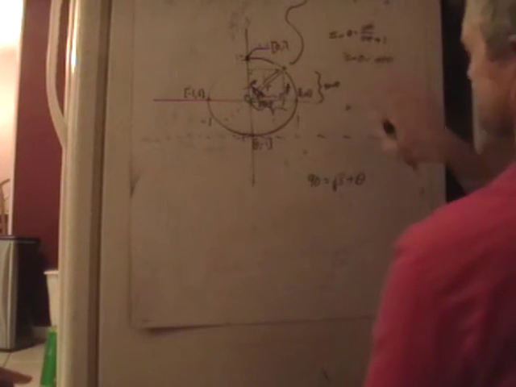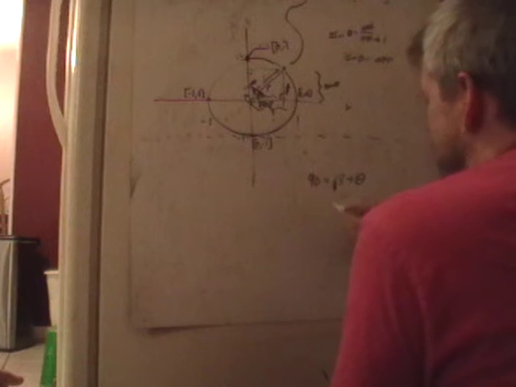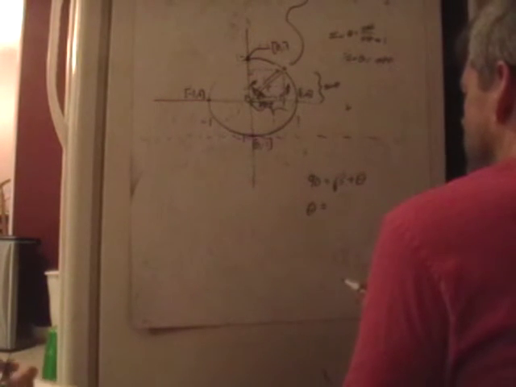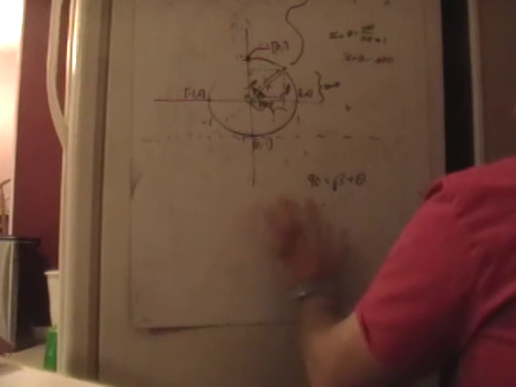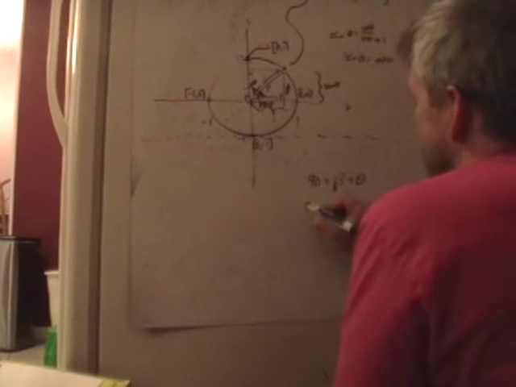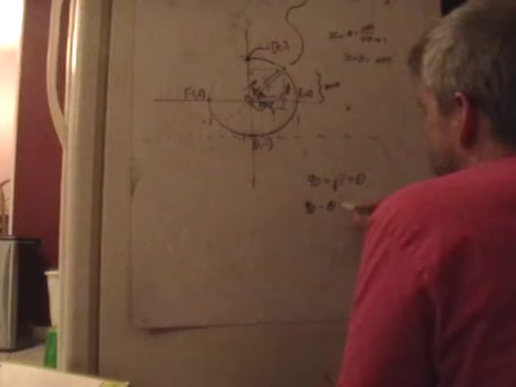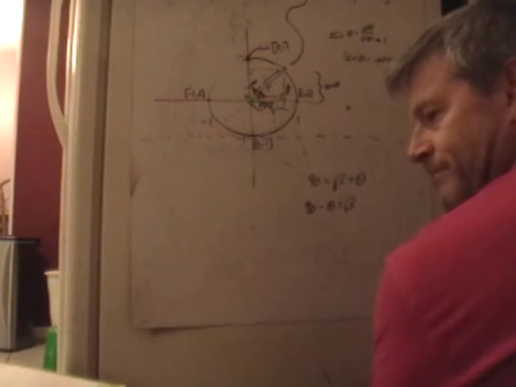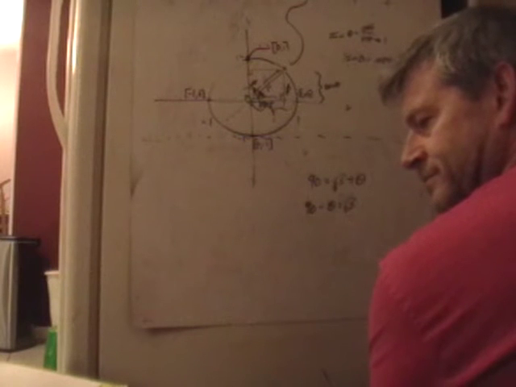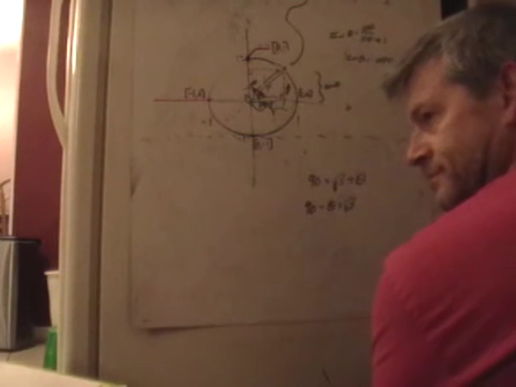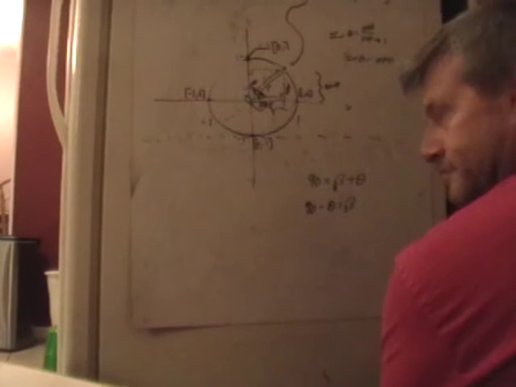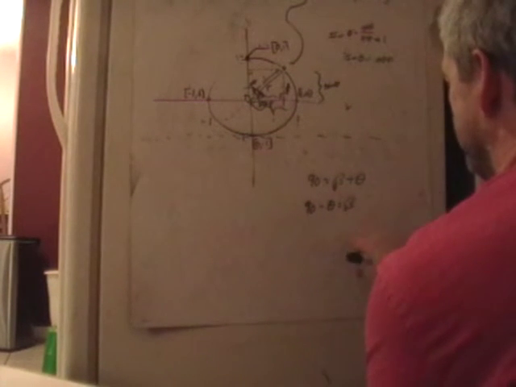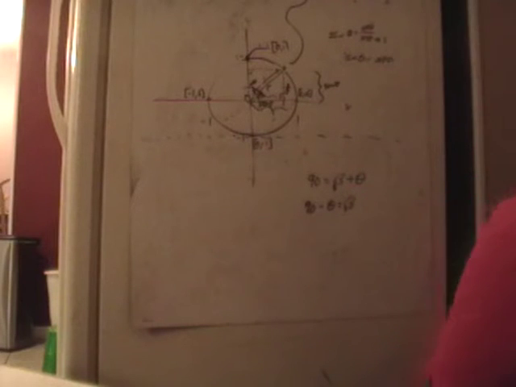And if I already know theta, I want to find beta. That means 90 minus theta is equal to beta, right? Yes. Oh yeah, 90 minus theta is equal to beta.